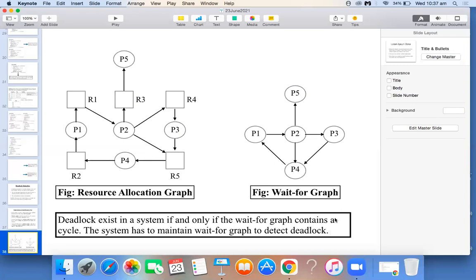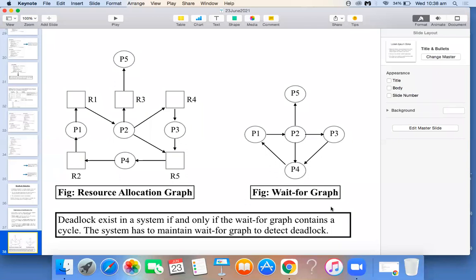Now after constructing the wait for graph, we have to check whether there is any cycle formation in the constructed wait for graph. If there is any cycle formation in the wait for graph, then we can easily say that deadlock is detected in your system.